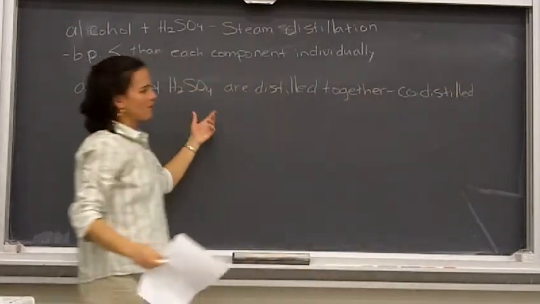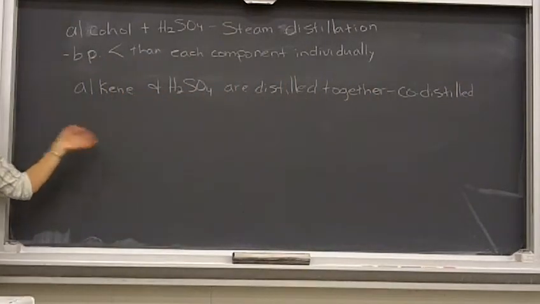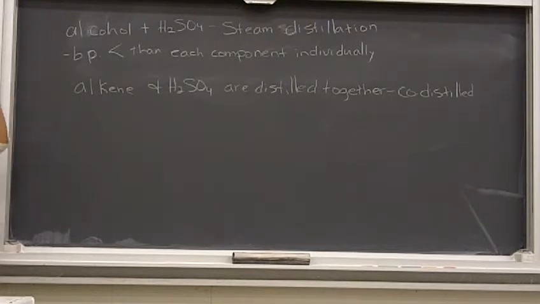When you set up the apparatus for this distillation, you're going to set up a regular simple distillation, but your collection flask, instead of a flask at the end, is going to be your 25 milliliter graduated cylinder, okay? The reason that you want that is you want to be able to measure the volume of what's being distilled over. So you're going to have this mixture that's going to come over when it's hot all together, but as it cools, you're going to get a separation of 2 layers, okay?